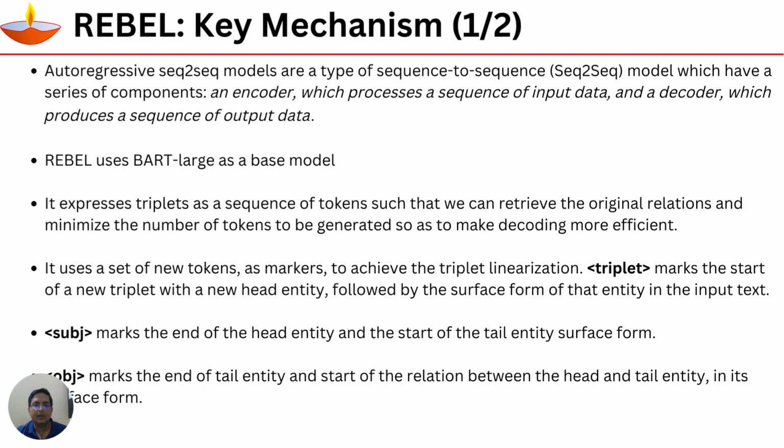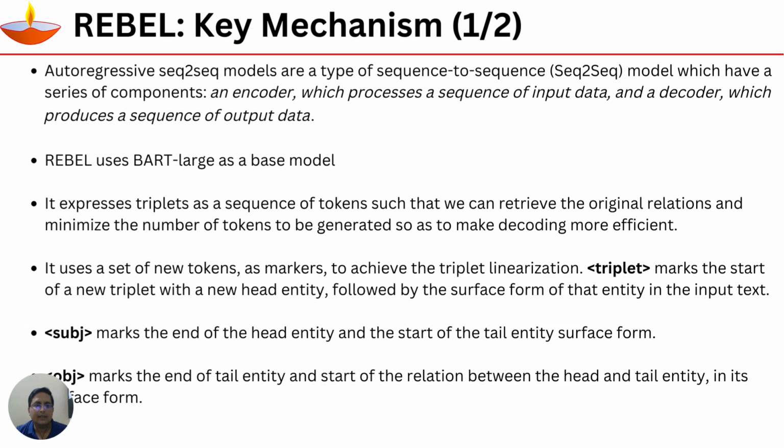This particular marker it uses for denoting the start of a new triplet with a new head entity, followed by the surface form of the entity in the input text. Surface form meaning the entire text part of the subject entity.